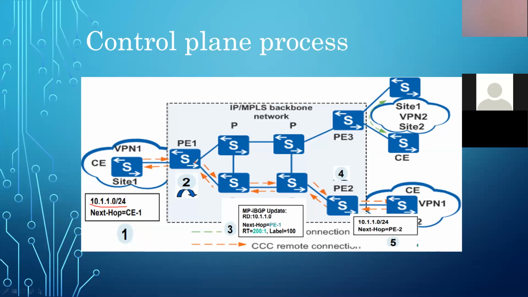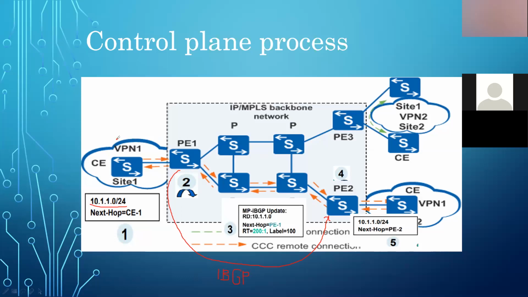And as you can see, it will create an MP-IBGP relationship with this one. This is IBGP. It's MP-IBGP between PE1 and PE2.